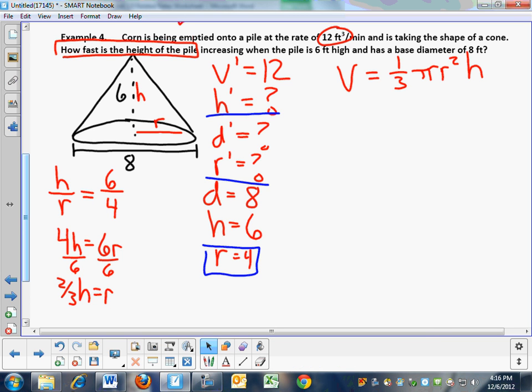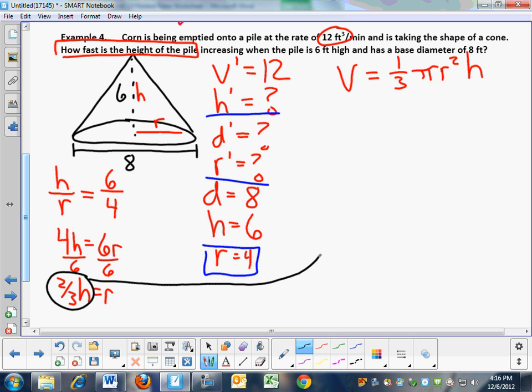So I could take that and use it. 2/3 of h goes in for r squared. As I do that, I can write my new equation. Volume is equal to 1 over 3 pi r squared, 2 over 3 h quantity squared times h.